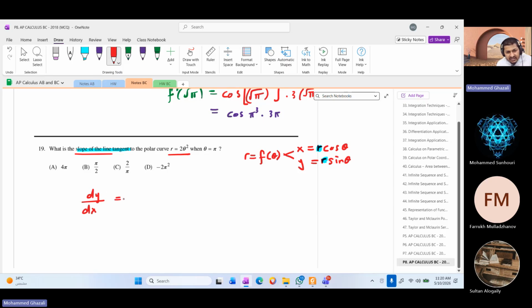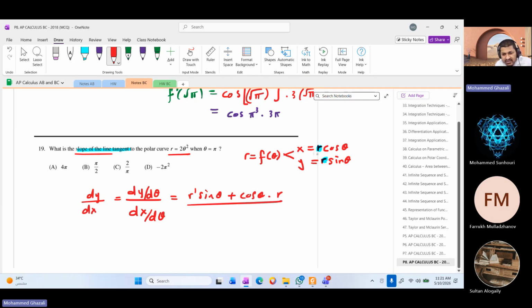So what is dy/dx? dy/dx is dy/d theta divided by dx/d theta. What's dy/d theta? It's r prime sine theta plus the derivative of sine theta, which is cos theta, times r.